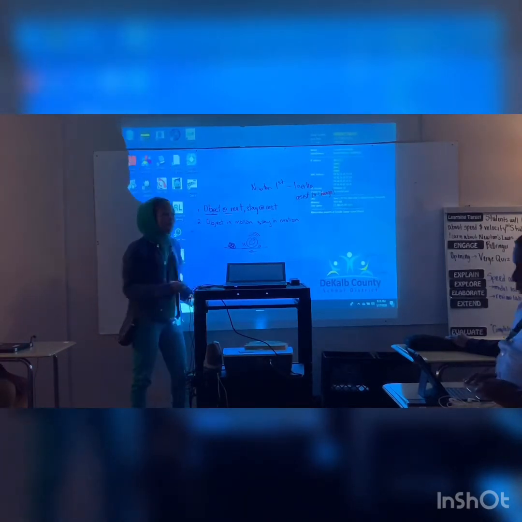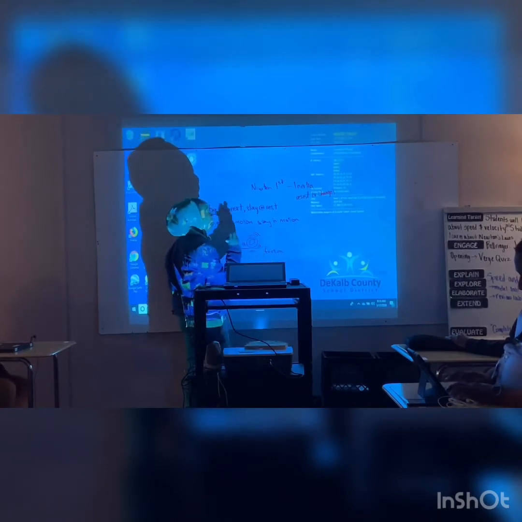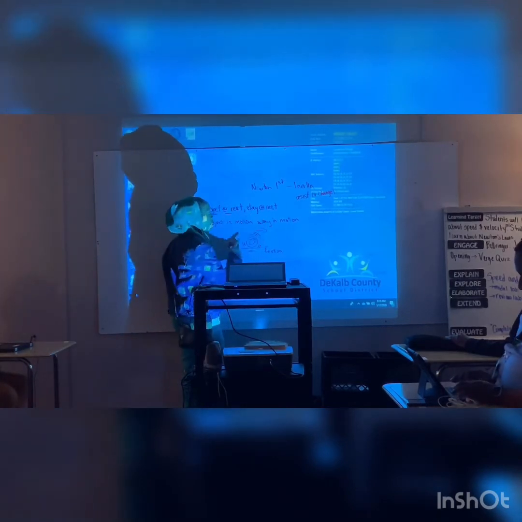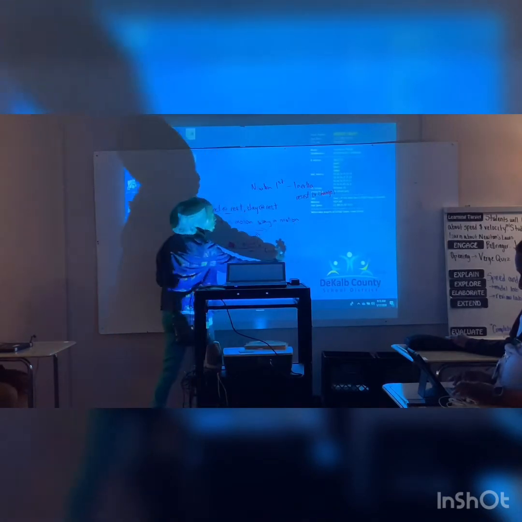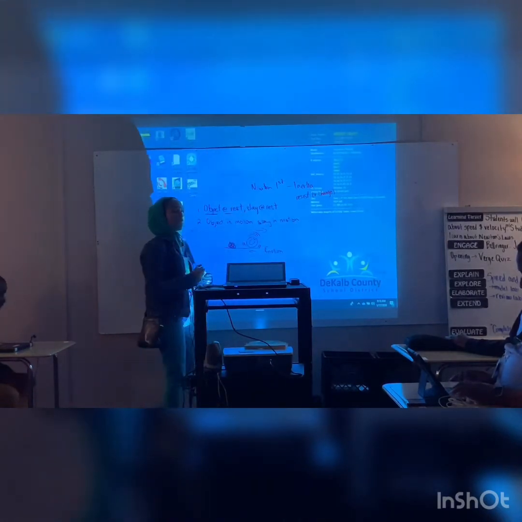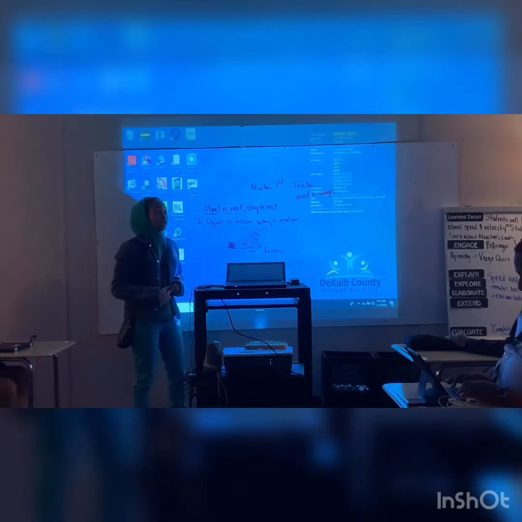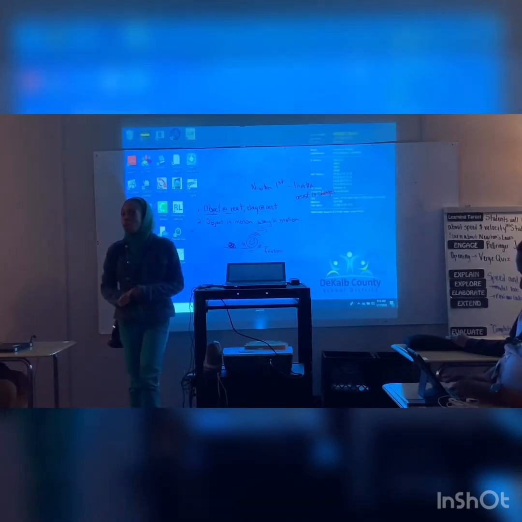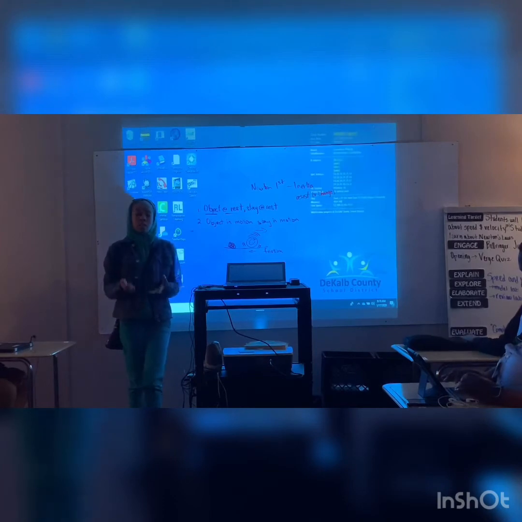I want y'all to know that friction is a type of resistance that acts opposite to the motion. So if the motion is going this way, friction is moving in the opposite direction. And eventually it's going to slow something down or stop it completely. All right? So there are different types of friction.